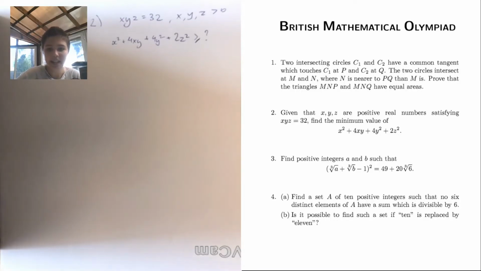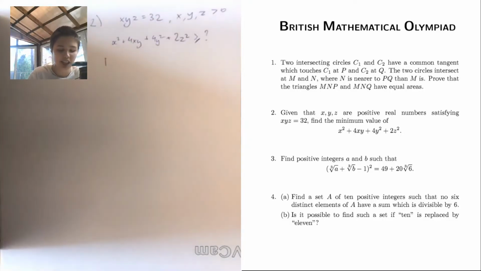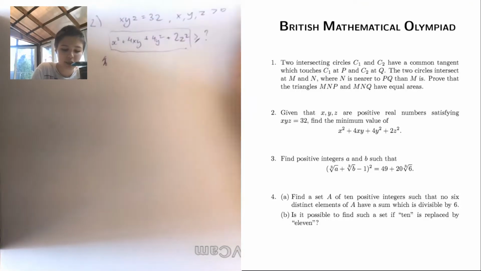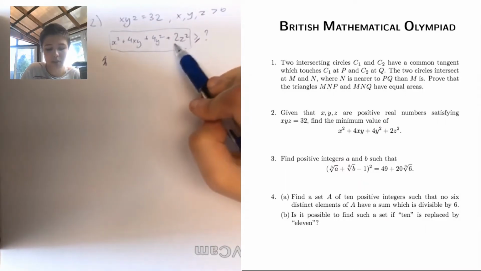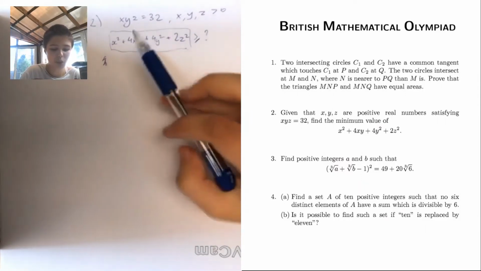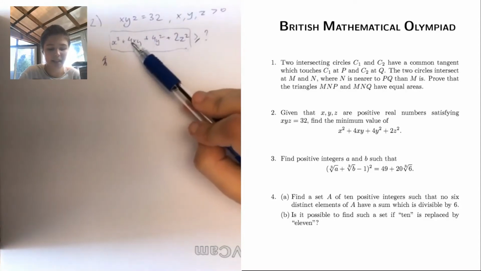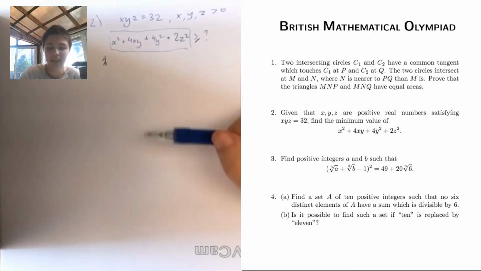inequalities. And I'm sure there's lots of other things that I haven't noted yet because I don't do so much BMO stuff. But what I tend to bash at first is either turn this into something symmetric, so like you have x squared plus 4xy plus 4y squared plus 2z squared, but your numbers of x squareds aren't equal to numbers of z squareds, and neither is your number of xy's equal to your number of yz's or xz's.